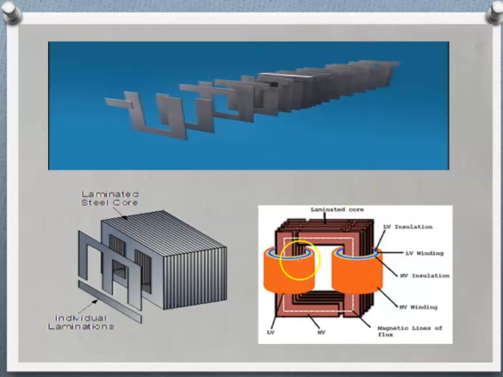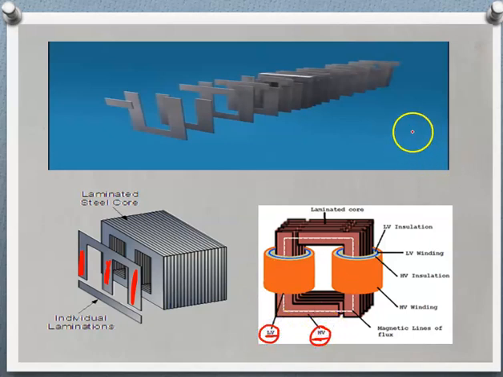Total flux produced by the primary winding should be linked with the secondary winding, so that we get the maximum use of this magnetic circuit. So we place the LV and HV winding on the same limb. This portion is called a limb of a magnetic core. We place the LV, meaning low voltage winding, and the HV, meaning high voltage winding, on the same limb with LV inside HV.